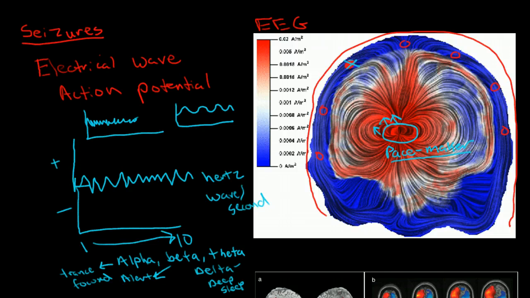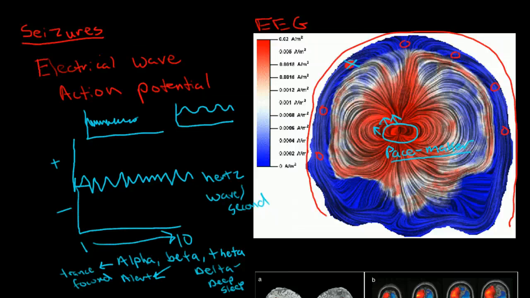Now, the thinking that occurs in the brain is happening in the midst of these waveforms. And certain types of thinking seem to occur better in different types of waveforms. So this is not the work that the brain is doing. This is just the brain in its background state.